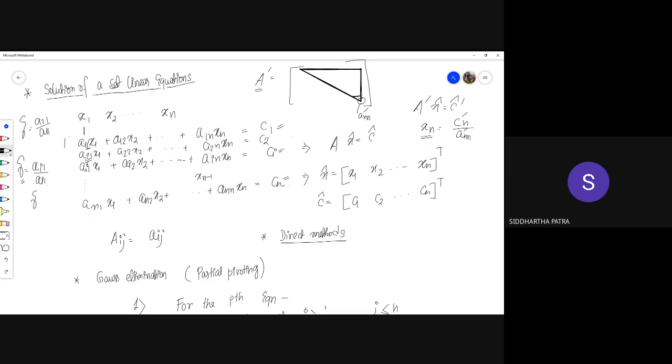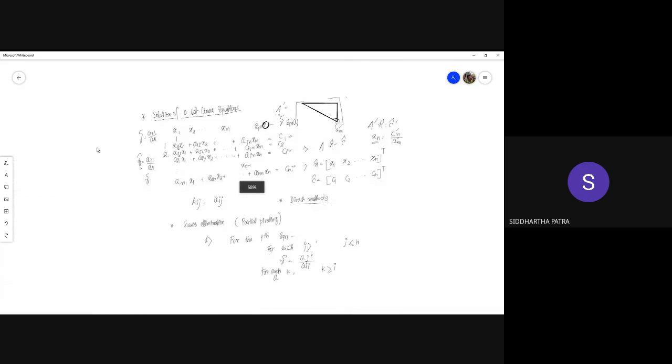So after that, from the second equation, I would subtract: equation 2 minus gamma times equation 1. Basically, we are trying to eliminate the first term, hence the name Gauss elimination. Once that operation is done, the second equation has no x1 term.